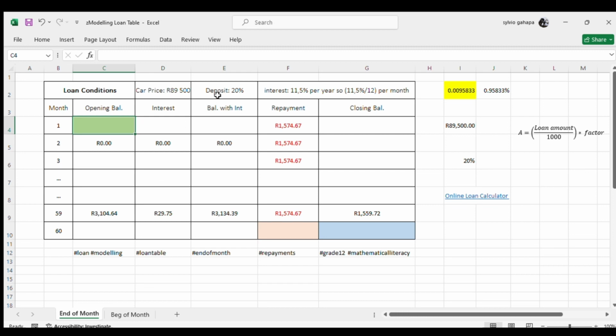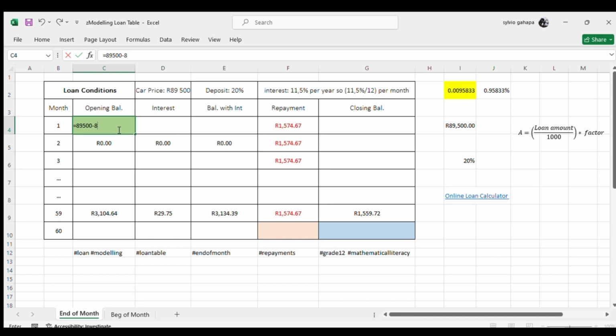Because remember, you are required to pay a deposit. So the opening balance, what you are short of, what you need the bank to help you with, let me type it here, it's going to be the car price, which in this case is 89,500.